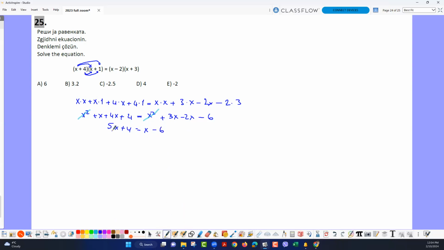We can move the x to this side: 5x minus x is equal to minus 6 minus 4. 4x is equal to minus 10, and x is equal to minus 10 over 4, which is equal to minus 5 over 2. That's equal to minus 2.5.